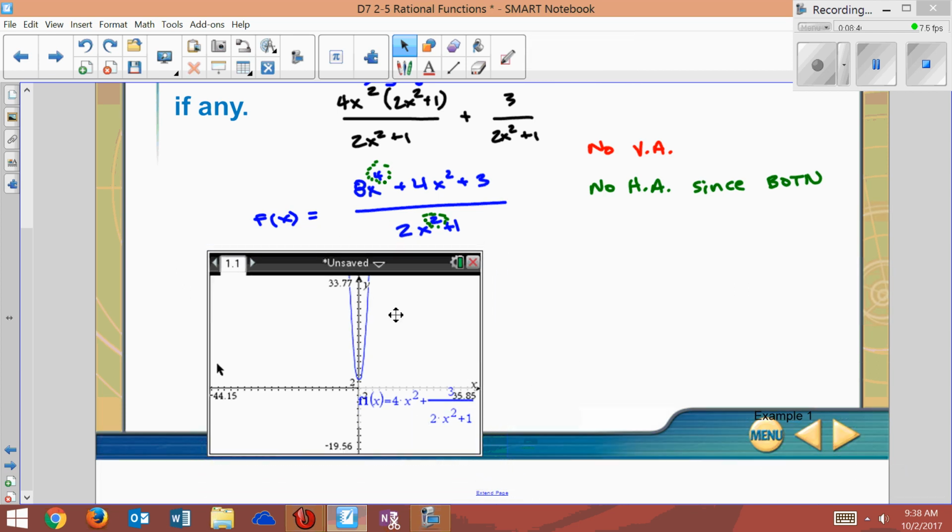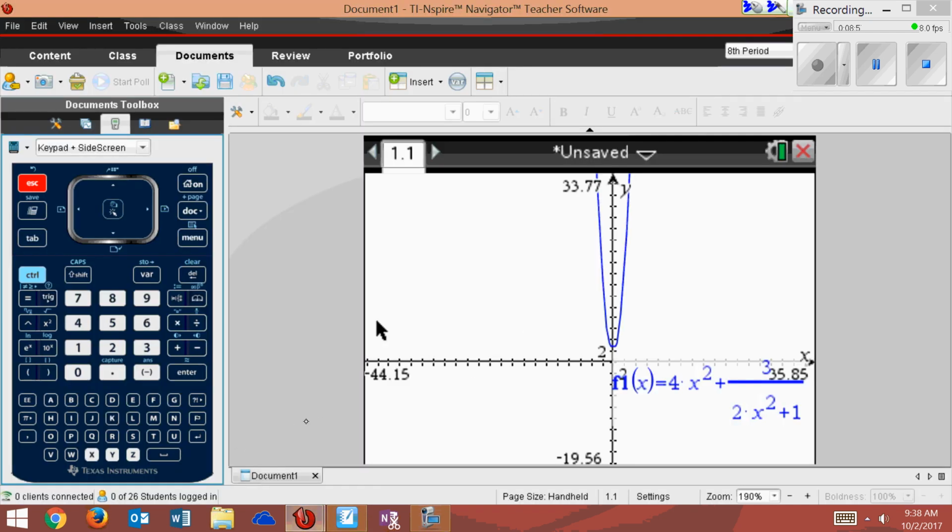There are no horizontal asymptotes, no vertical asymptotes. The domain looks like it's all reals. And the range, it looks like the lowest value is somewhere in between 2 and 3. Let's go back over here and see if we can count. I'm going to find out what that value is real quick.